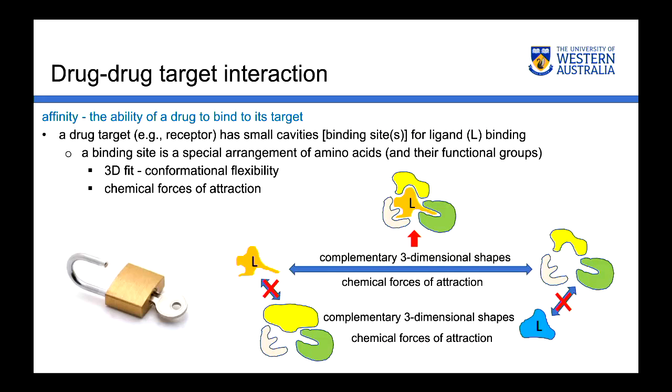Now the diagram here, so one example, in layman's language, is a key and lock. The shape of the key needs to fit with the shape of the lock so that the key can open the lock.